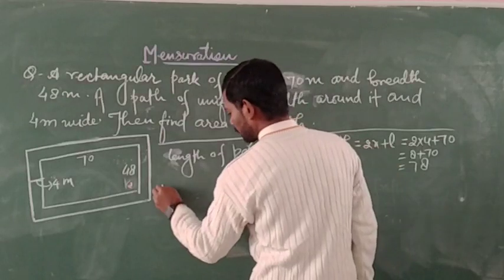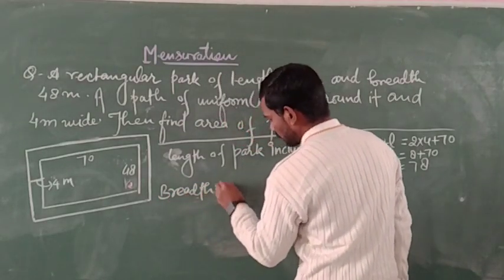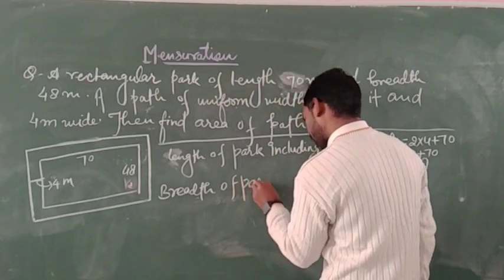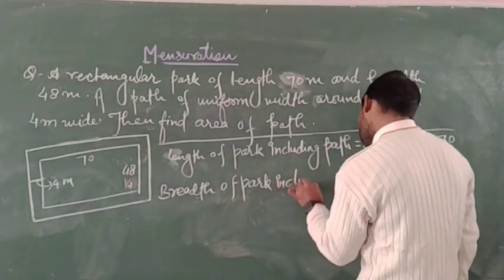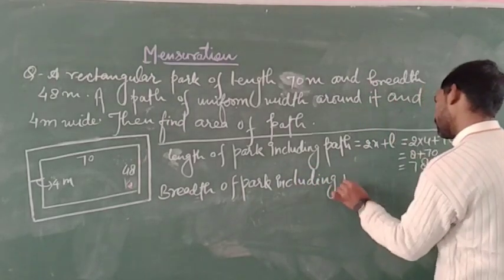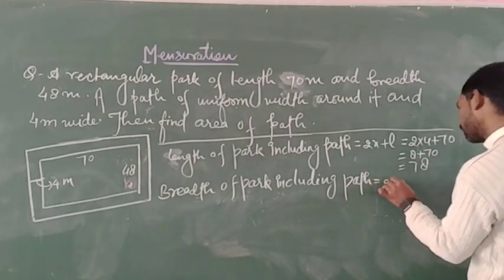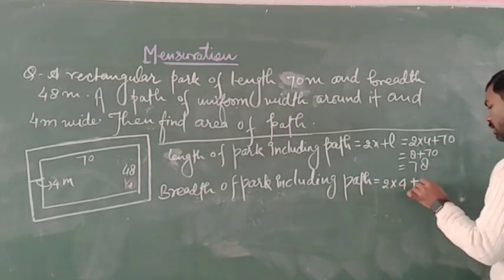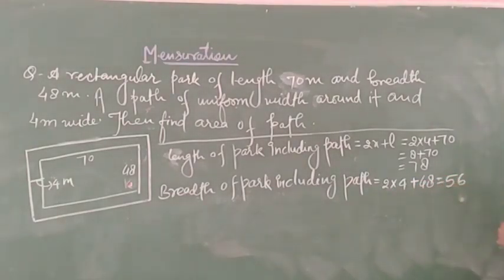Similarly, width including path will be equal to 2 into 4 plus 48, and this is equal to 56.